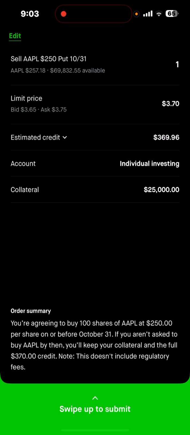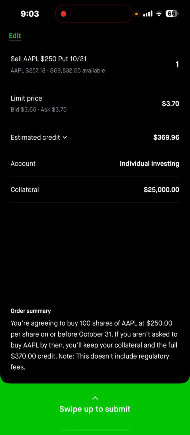However, if Apple on October 31st is below your strike price, the strike price is $250, let's say Apple's price is $240 on October 31st, then you have to buy 100 shares of Apple at the price of $250.